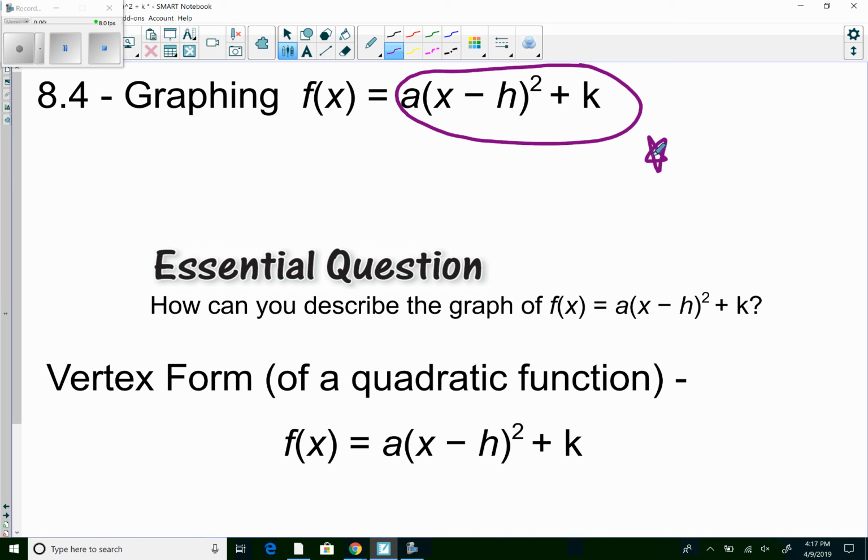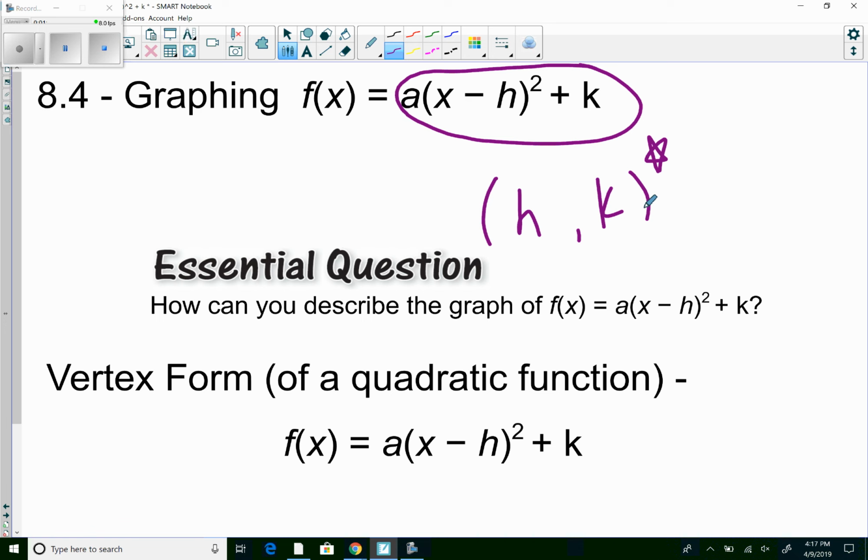The reason it's called vertex form is because when you look at this, you should be able to pick your vertex right off of what you're staring at, okay? So we always say that the vertex is going to be at the point (h, k). Now, that's probably a little bit more than what we need to start off with right now, so I'm going to glaze over that very quickly and go on to the essential question.